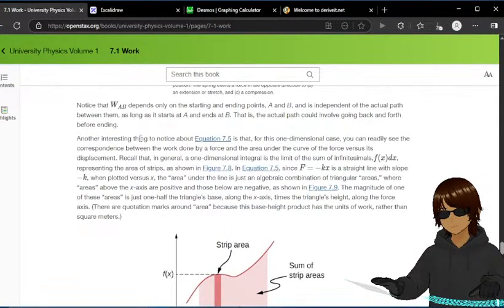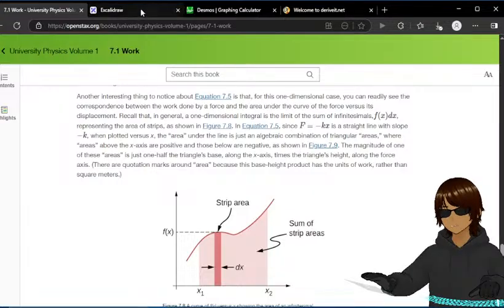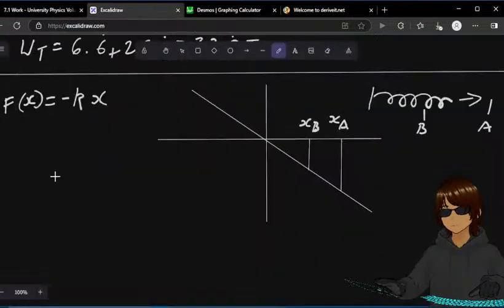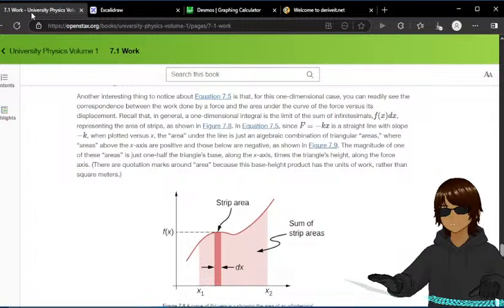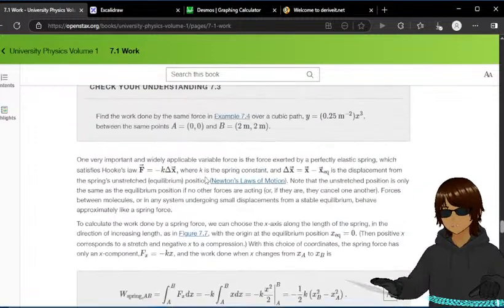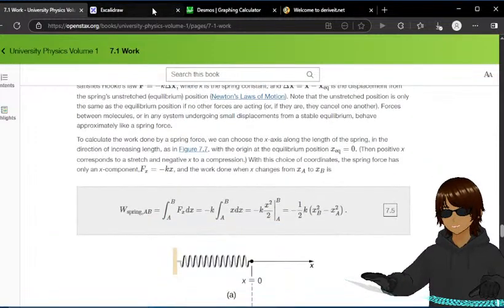Force is equal to minus kx. Work done is force times x, and that means work done from A to B. Is the starting point B or A? It's A.